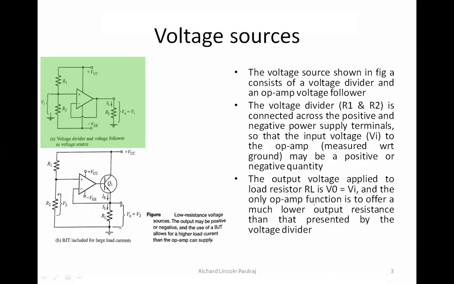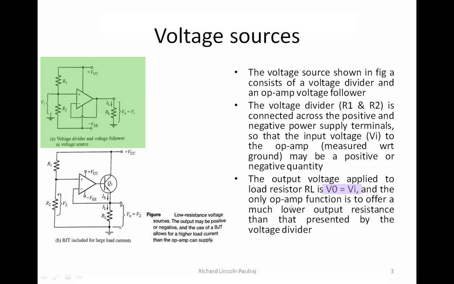Right. So the output voltage applied to load resistor RL, V0, is equal to VI. Why is it equal? Because we have seen that it is a voltage follower. So the output V0 is equal to VI. So whatever is at my input, I'm going to see the same thing at my output. In fact, this is one of the properties of an ideal op-amp.